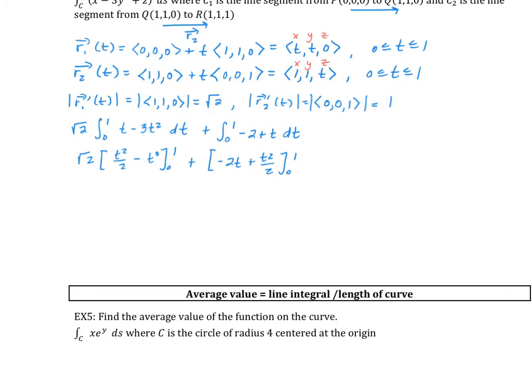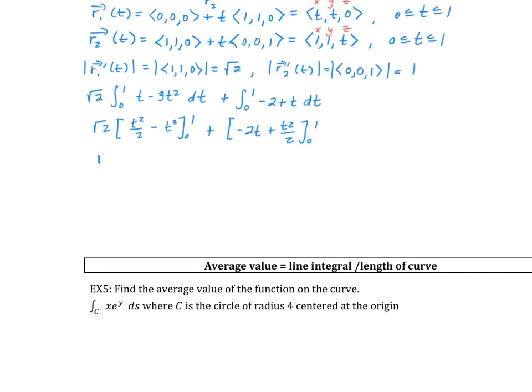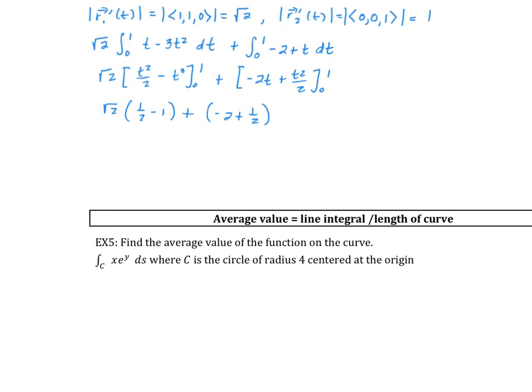So it looks like it's going to be the square root of 2 times 1/2 minus 1, plus negative 2 plus 1/2. Let's see, I get square root of 2 over 2 minus 3/2. I think I'm just going to stop there. I'm not going to put them together, even though they have the same denominator. I'll just leave it like that.